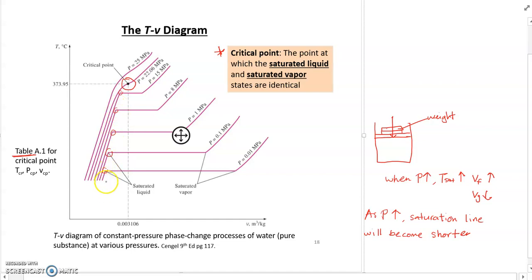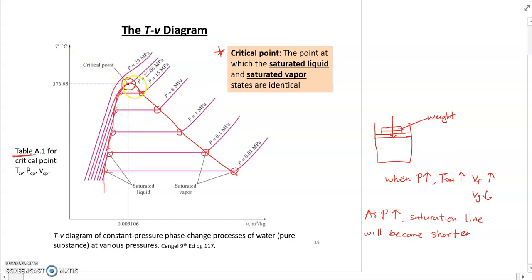If you connect this point and the point at the end of your saturation line, which is your saturated vapor point, these two lines, the saturated liquid line and the saturated vapor line, will meet at the dome, which is the critical point.